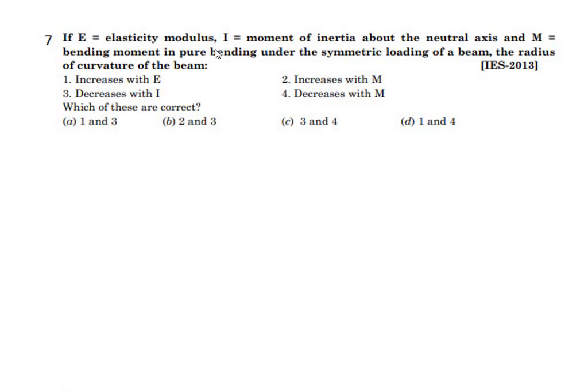If E is equal to elasticity modulus, I is equal to moment of inertia about the neutral axis, and M is equal to bending moment in pure bending under the symmetric loading of a beam, the radius of curvature of the beam. What happens to the radius of curvature if it increases with E?